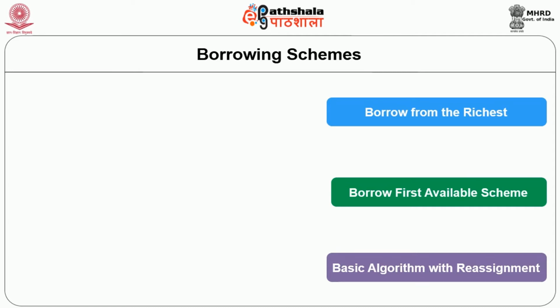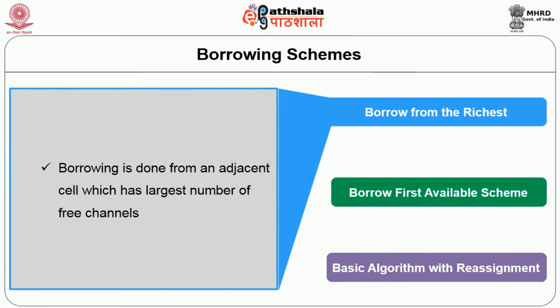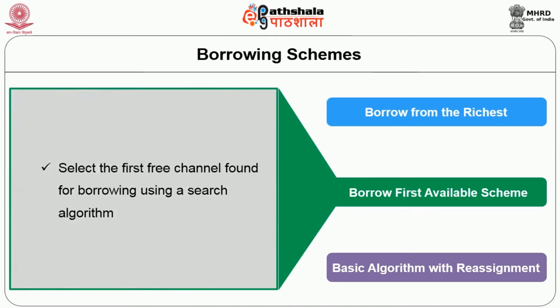There are 3 techniques. Borrowing can be done from the adjacent cell which has the largest number of free channels, that is borrowing from the richest. No exploitation, only the one which has more, we go and ask from it. The second is a greedy one, in which you don't make the effort to search a particular cell for channels. Whichever comes first, you borrow from it.